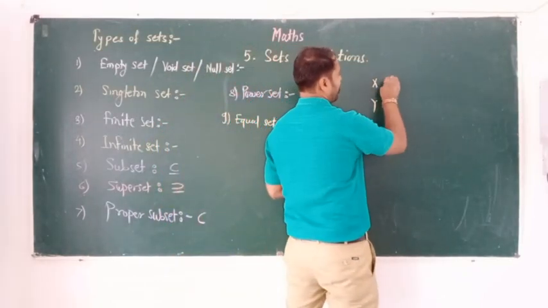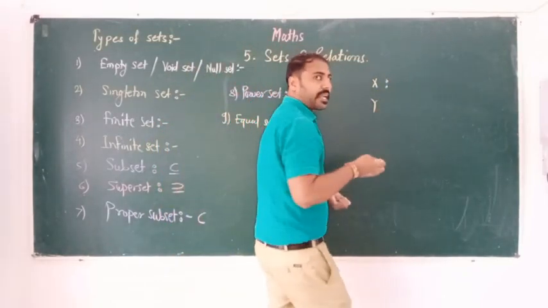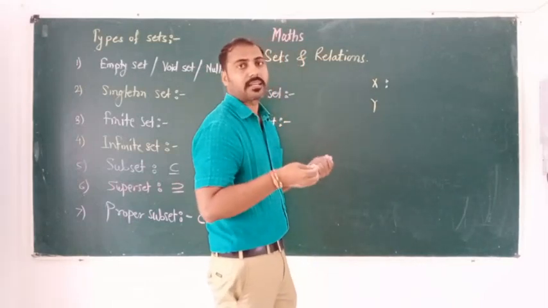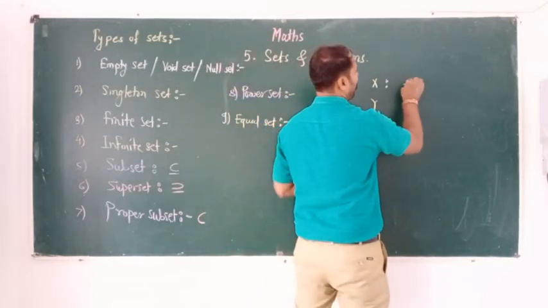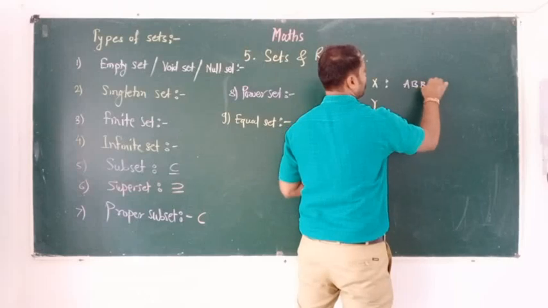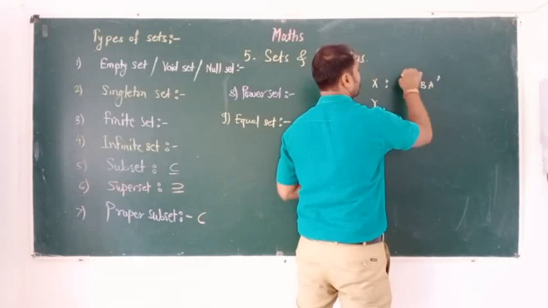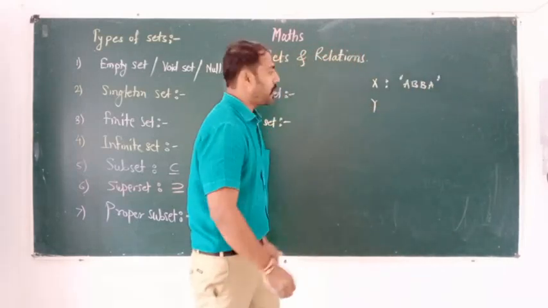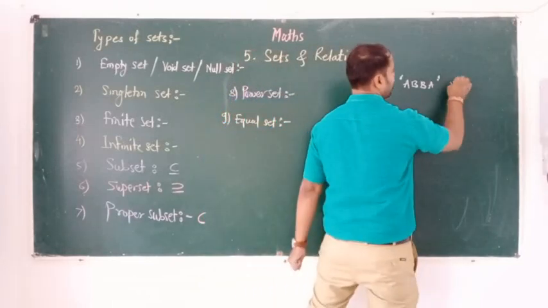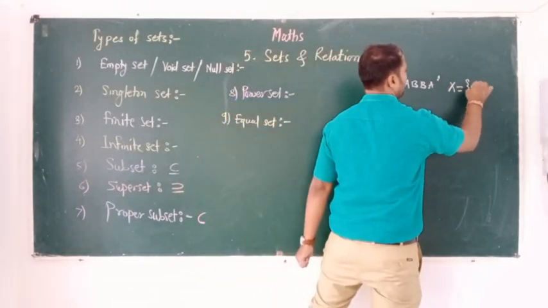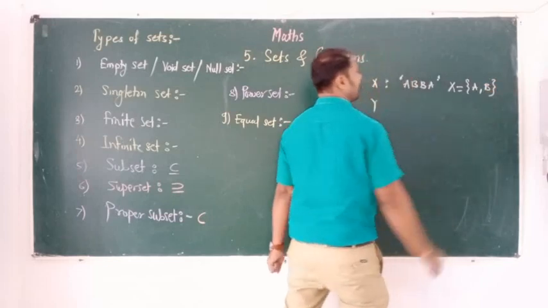For example, X is the set of letters of the word above. X is the set which is nothing but letters of the word above. So we define X is equal to, yes, A comma B.